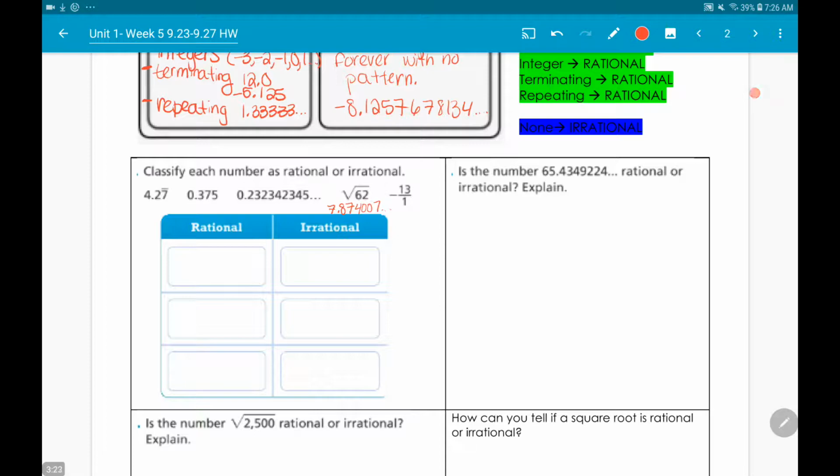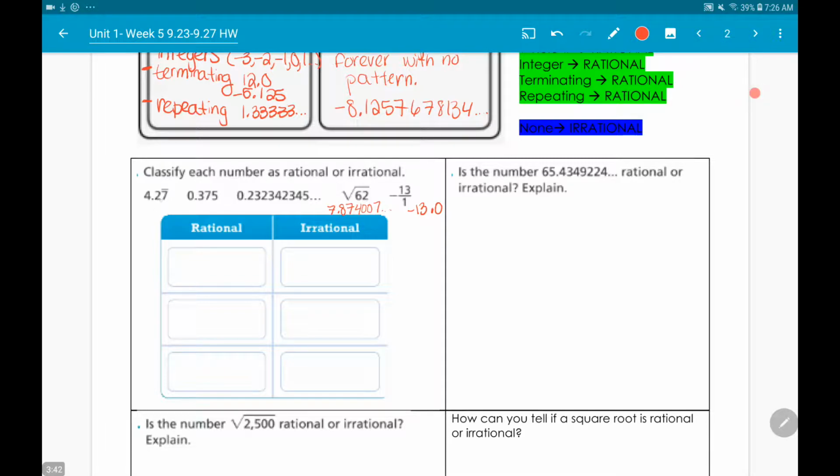I'm just going to write a few digits because I see it continues on forever, so I put my dot, dot, dot. And then negative 13 divided by 1 in my calculator is just negative 13, so I'm going to write that as negative 13.0 so that we know that it stops.